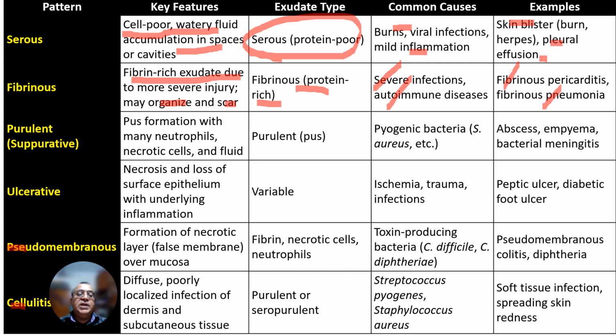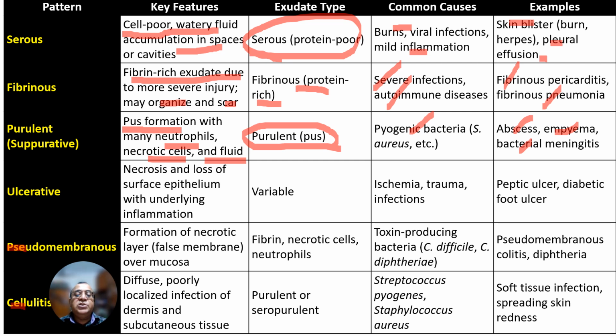In the purulent and suppurative type of morphologic pattern, there is presence of pus with many neutrophils, necrotic cells, and fluid. The exudate is purulent or pus containing. The common causes are pyogenic bacteria such as Staphylococcus aureus, and examples are abscesses, empyema, and bacterial meningitis.